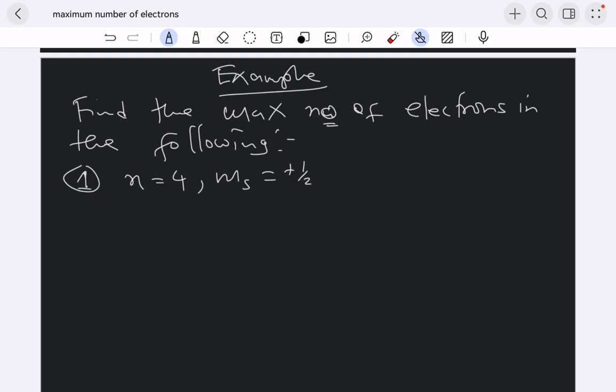So using the previous formula, 2n squared, I can just say 2 times 4 squared, that'll give me 32 electrons. So this is the maximum number of electrons.